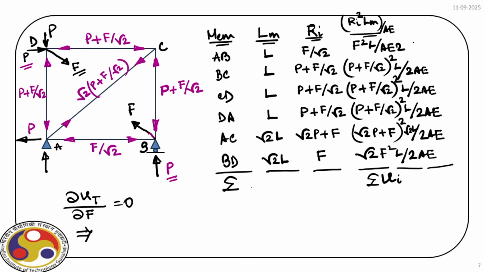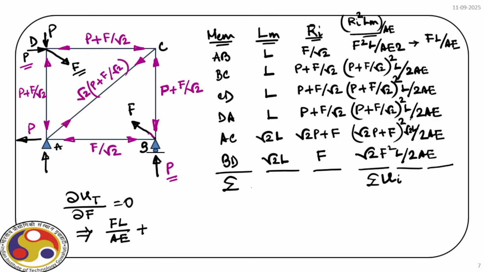So, first one, if we differentiate this, we have FL by AE. Similarly, we can calculate that for each and every member, and we can add them to 0. So let us complete the task. So FL by AE for the first member.